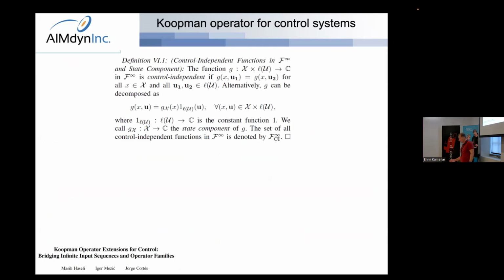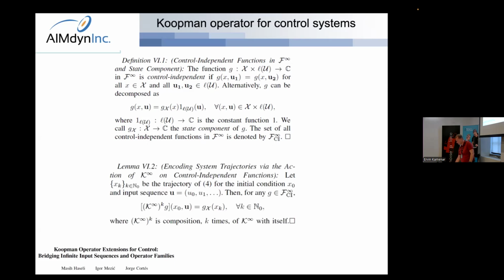So there is this idea that says, well, let's define control-independent functions in F infinity. The control-independent functions are basically the ones that can be split into the product of a function of state and a function of input. But that function of input is just an indicator function of the space of all sequences. Again, slightly mind-bending, but that gives you a nice starting space, and that's an important one. We'll denote this by FCI, so constant input.